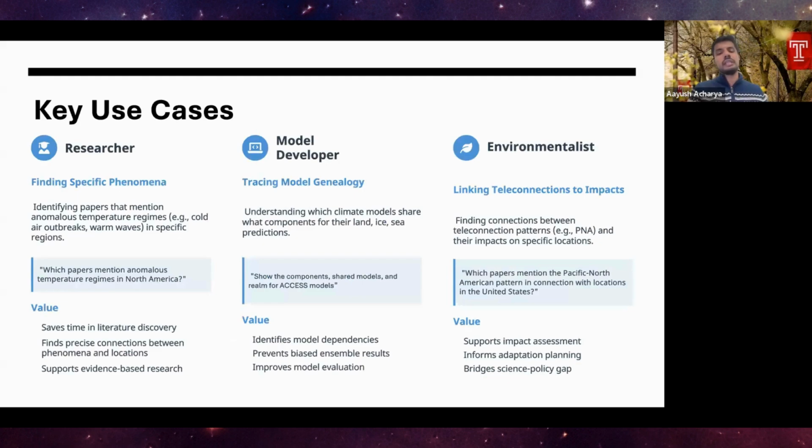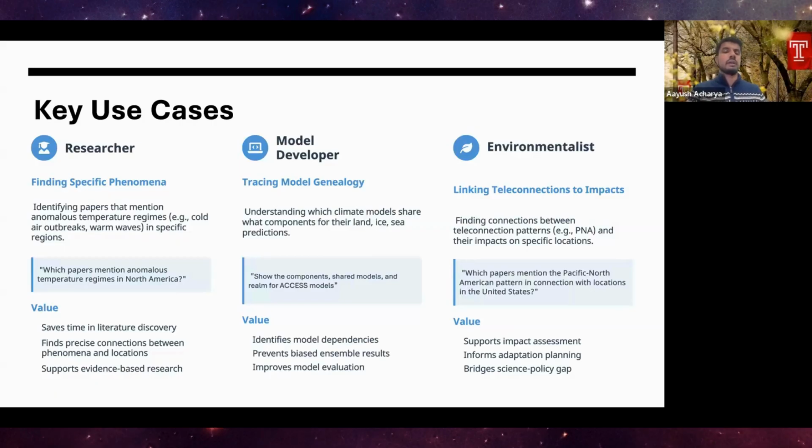So what are the key use cases of our knowledge graph? We have outlined three use cases. For a researcher, one of the primary things you do is look for papers relating to something, right? And for that, we have a pipeline to add climate scientific publications in our knowledge graph.